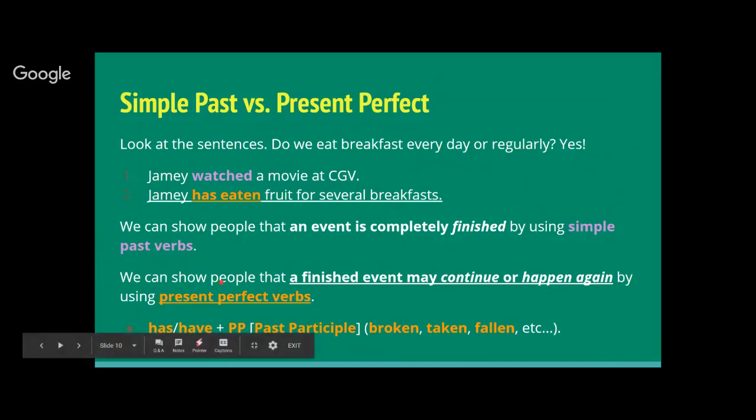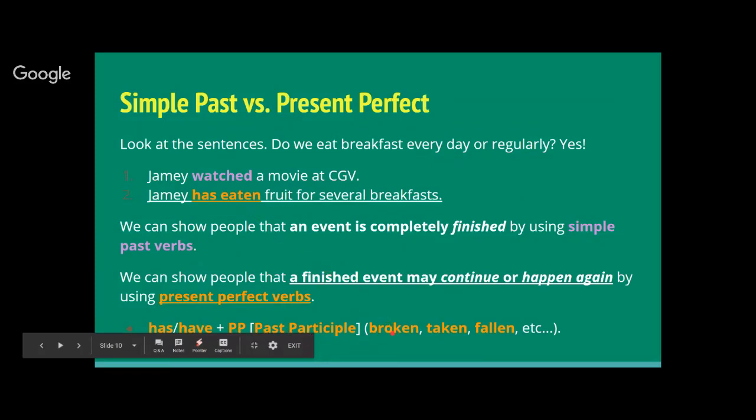We can also, however, sometimes want to show people that a finished event may start again, or may continue, or may happen again. And to do this, we should use the present perfect. Present perfect is sort of a verb phrase. It has or have plus a PP, or past participle.